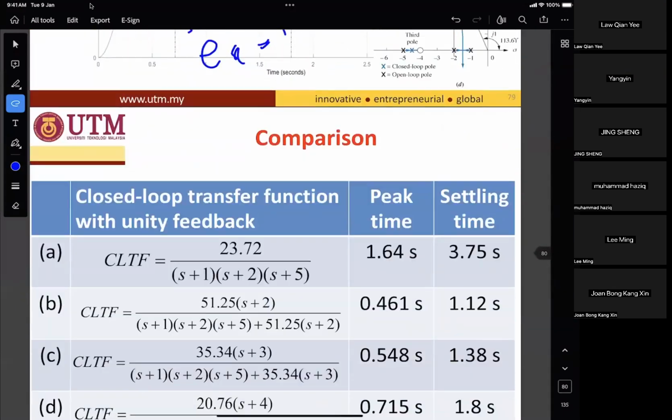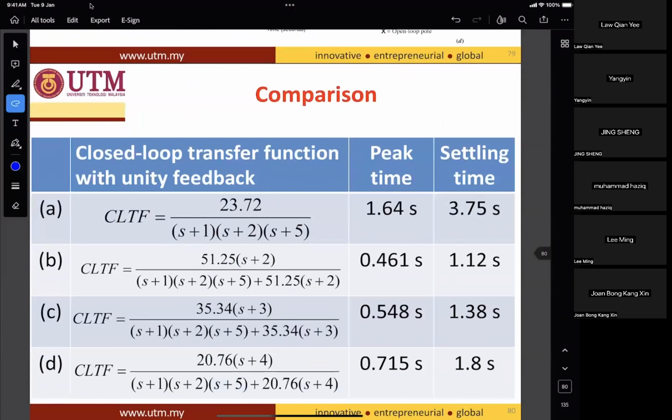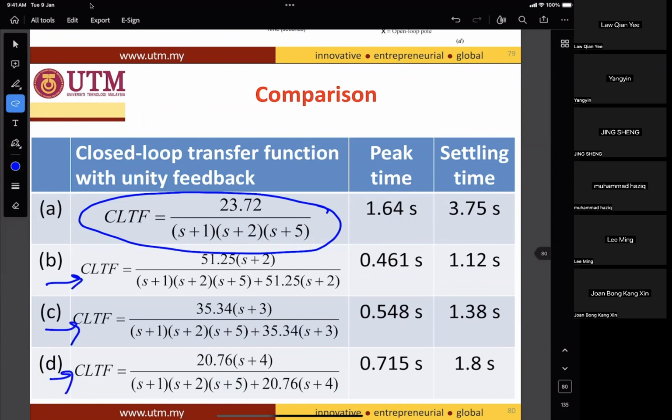So we make a comparison. This one is before design, before the PD controller. This one is after the PD controller with zero at minus 2, minus 3, and minus 4. Can you see the difference? Which one is much faster compared to the benchmark here?